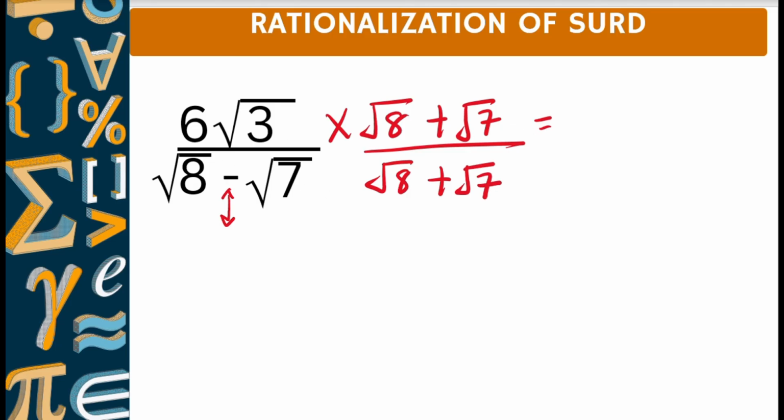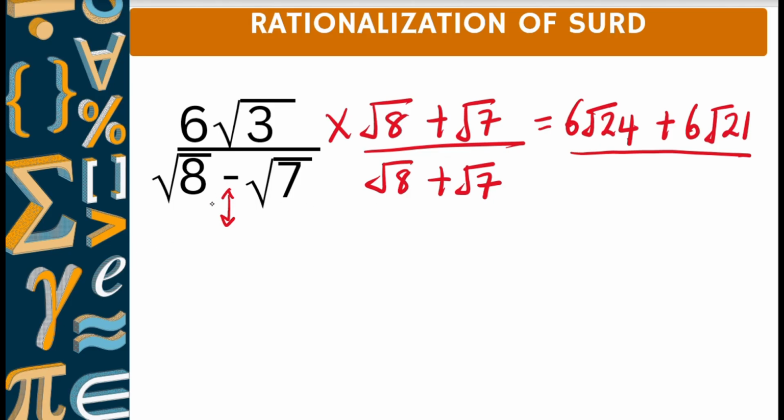Multiplying this, I will have 6 root 24 plus 6 root 21. Then all over, root 8 times root 8 will give me 8, or you can still do root 8 as root 64, whichever one works for you. So root 8 would be root 64. I'm going to break it down.